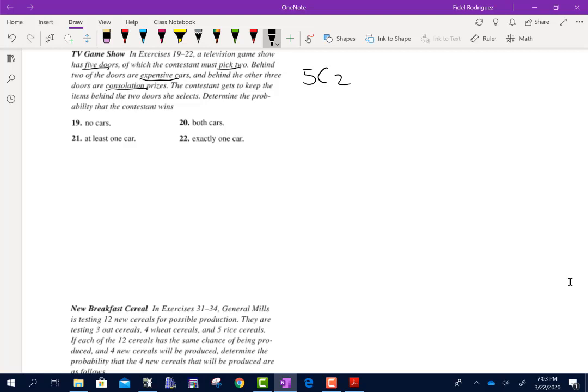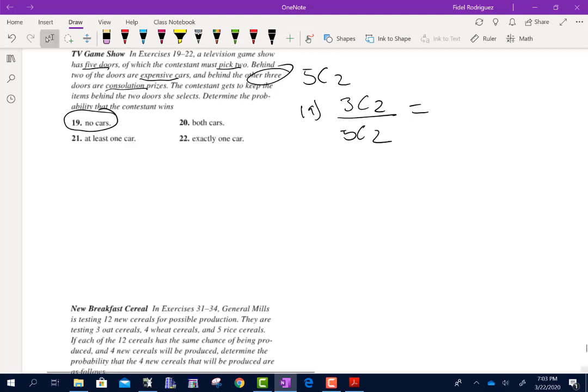The contestant gets to keep the items behind the 2 doors she selects. Determine the probability that the contestant wins 19, no cars. Okay, so for number 19, we know our denominator is going to be 5 choose 2. 3 doors have consolation prizes. So we're going to say 3 choose 2.